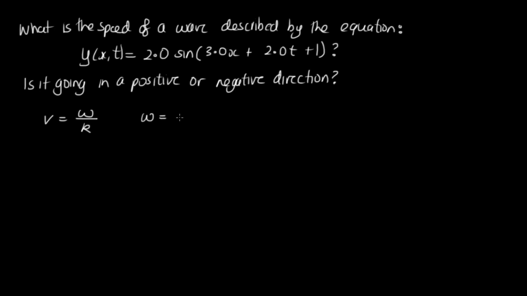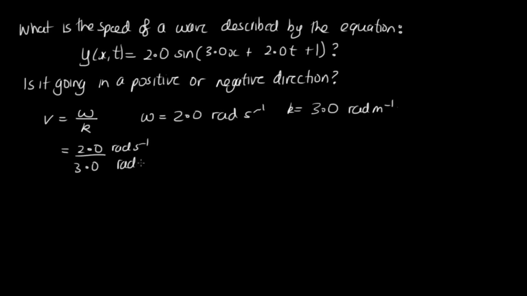So omega is equal to 2, and that's in radians per second. And k, that's what's in front of the x. So that's equal to 3, and that's radians per meter. So now, substituting in, we've got 2 radians per second over 3 radians per meter. So you can see that's going to be 2/3 or 0.67 meters per second as the speed.